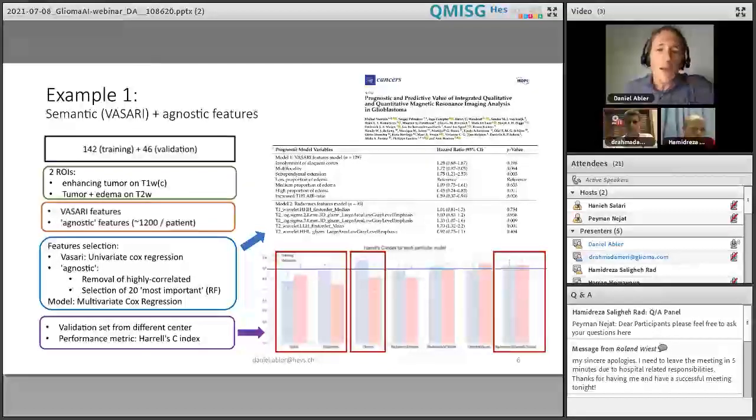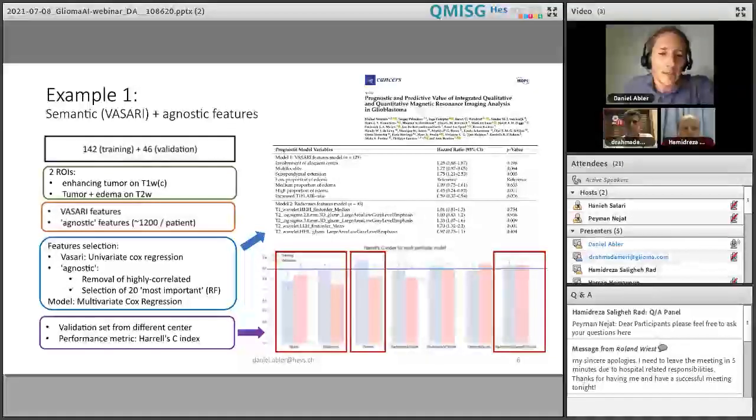They extract two types of features. One is the VASARI features, these semantic features that are commonly used, and a very large set of agnostic features, which are typical radiomics features. Then, as you can see, we have a very large number of those features, 1,200, so those are being reduced.